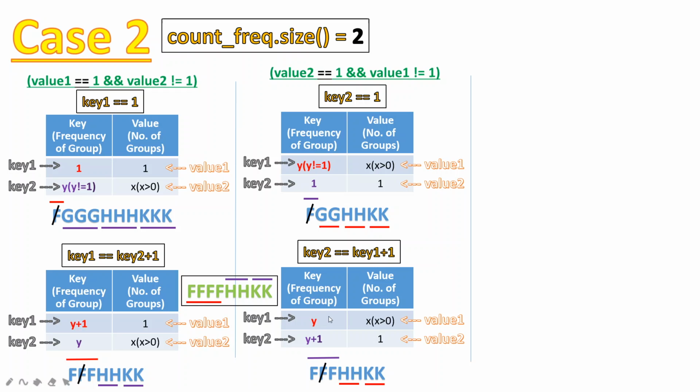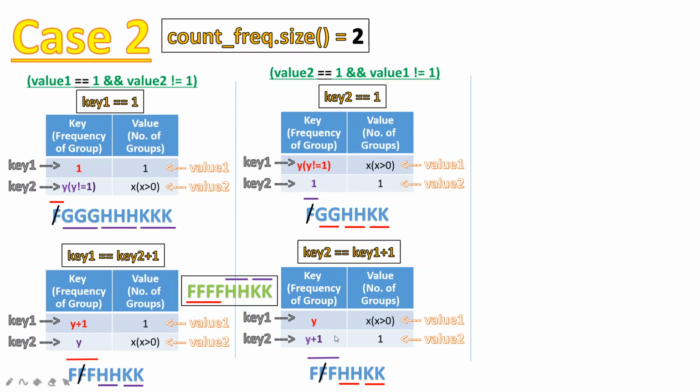Another question which comes to mind is, what if this frequency and this frequency are swapped? Or in other words, why does the frequency corresponding to the key for the 1 need to be larger?